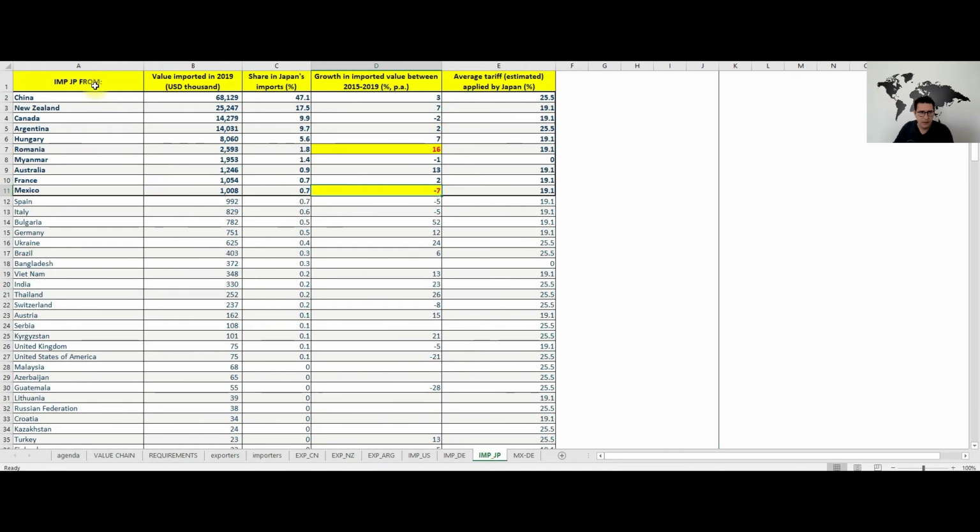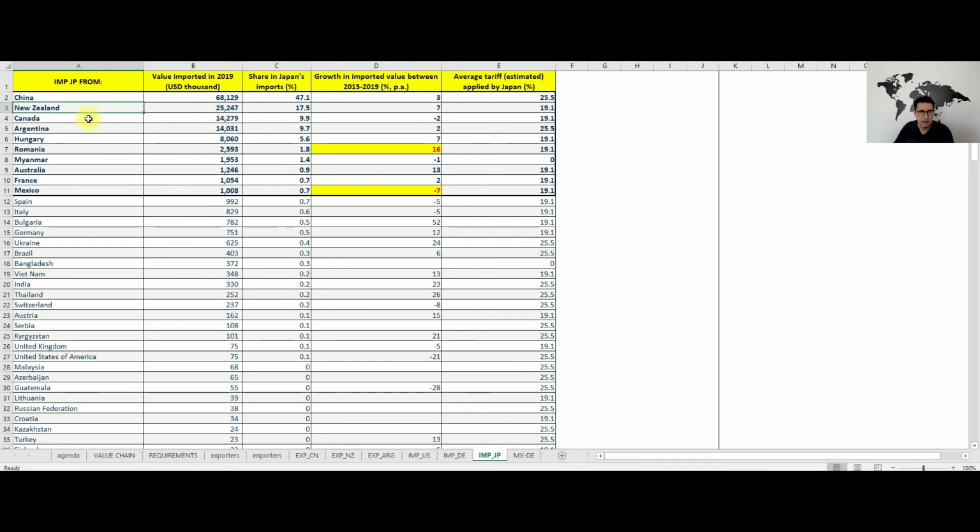Moving on to the third most important importer of honey in the world, which is Japan, we see here that the top 10 make up 95% of the total share, with China by far the most important partner for the imported value of honey for Japan with 47.1%.